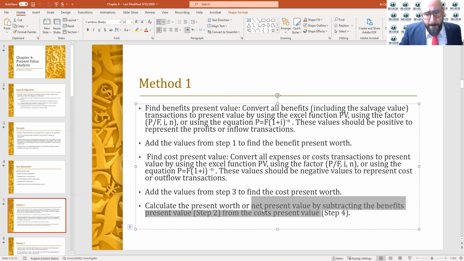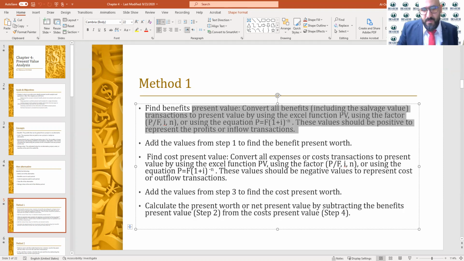So one more time, what we do is find all the benefits and convert all the benefits into a present value. You could use the PV function, you could use the NPV function, you could use the P over F parameter, or you could use P equals F times (1 plus i) to the power of negative n. Either way would be fine. Once you find all the positive transactions, add them together.